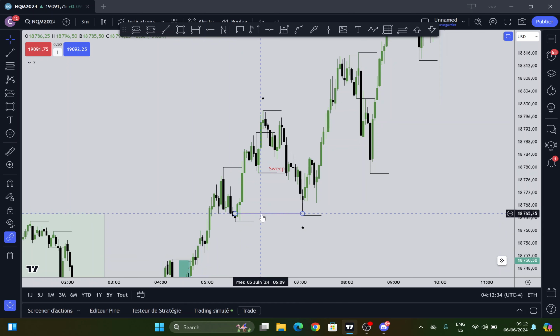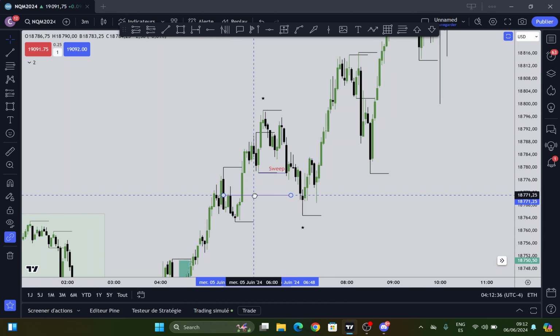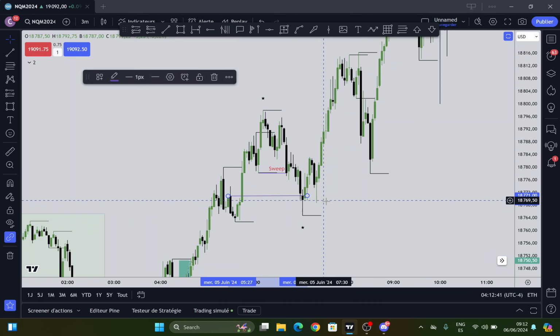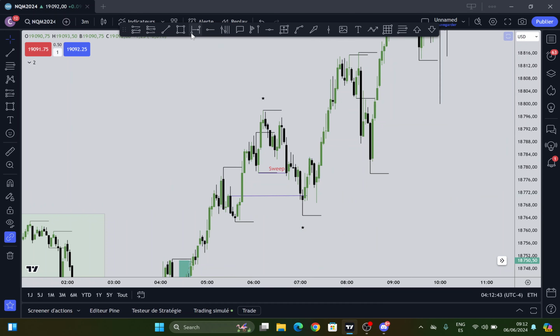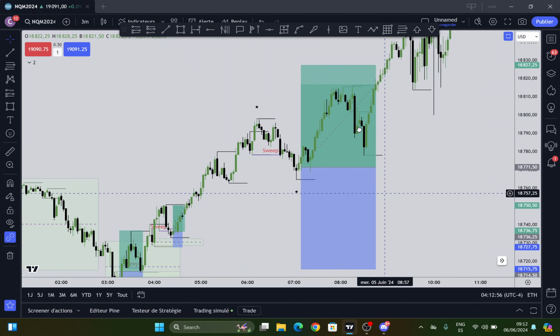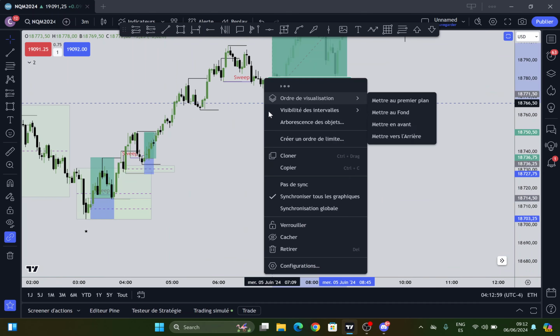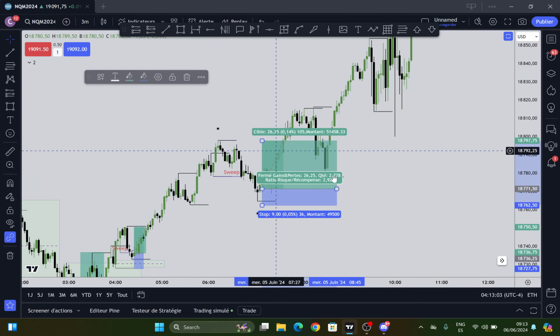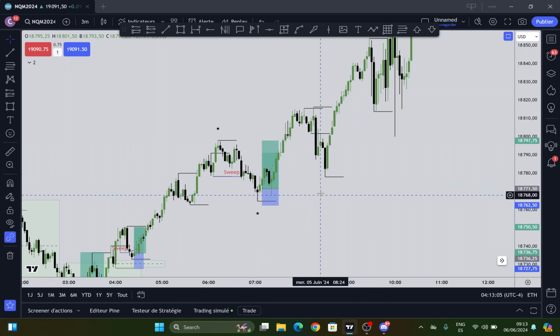Could have taken it from here, no problem, because we had like 3 consecutive candles. Or you could have waited for the CSS before taking it, which happened here. We CSS and we come back to the candle. This was a very, very, very safe long. That's it.